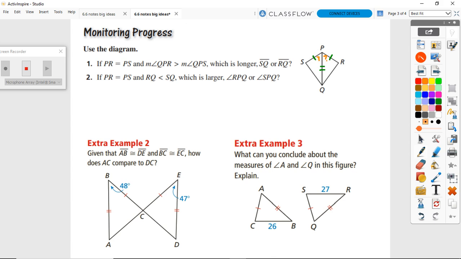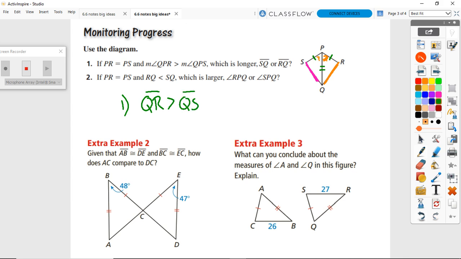Well, if QPR is greater, then the side that QPR opens up to will have to be greater than the side that QPS opens up to. So therefore, for number one, we've got QR being greater than QS.